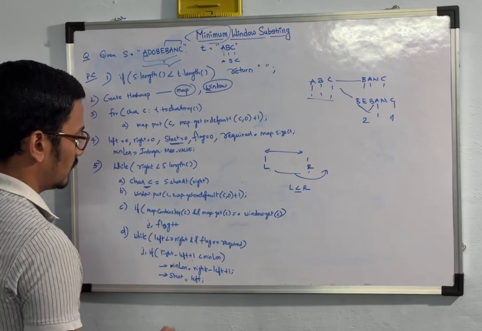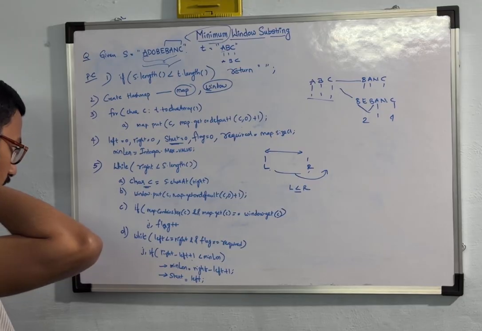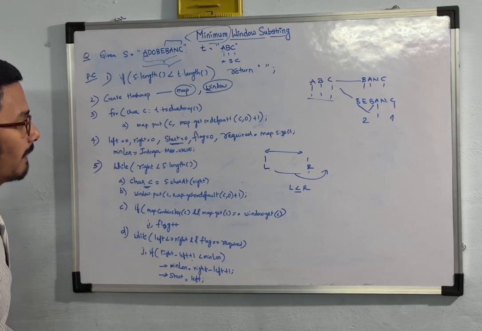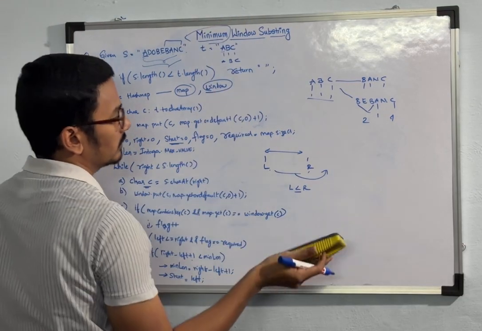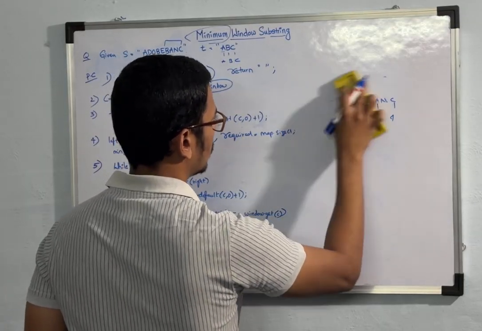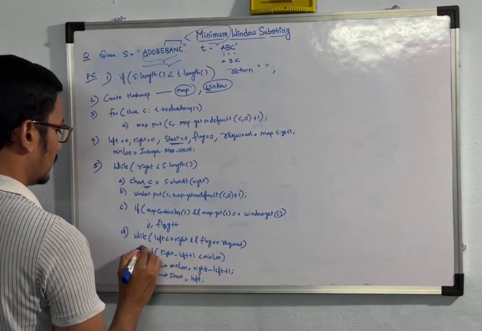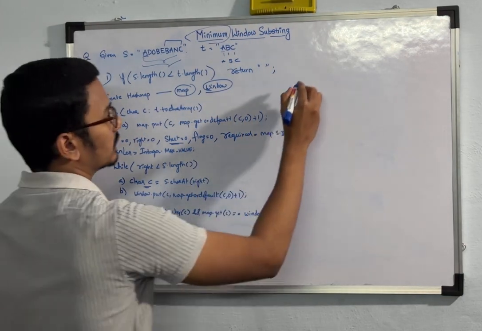So coming out, we have one more thing to do in this while loop. I'll clear this out for you. So this is first point in while loop. I'm writing second point here.